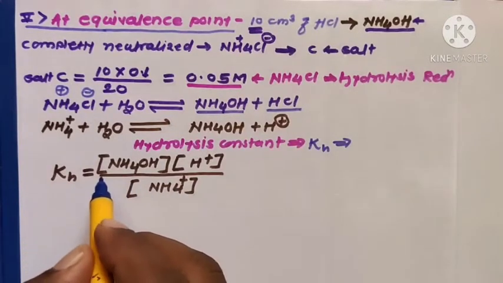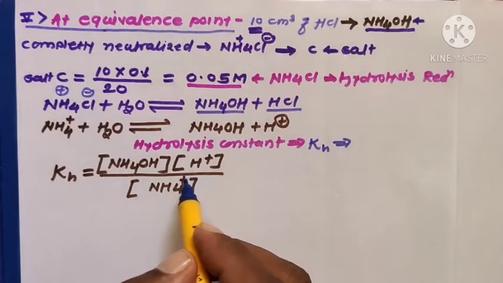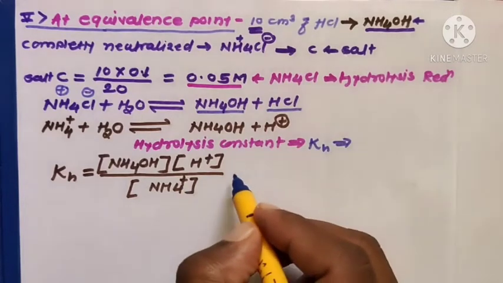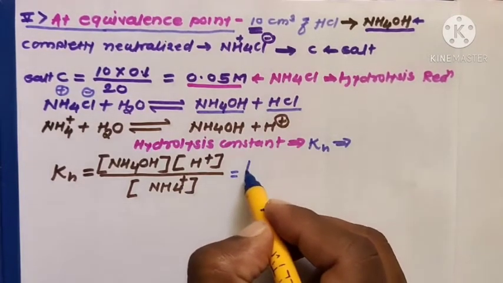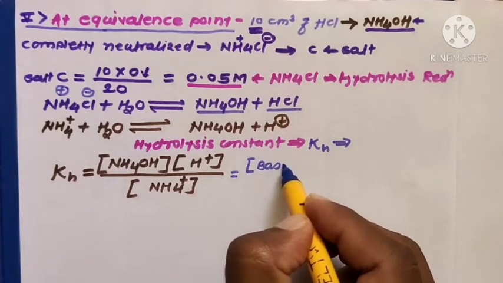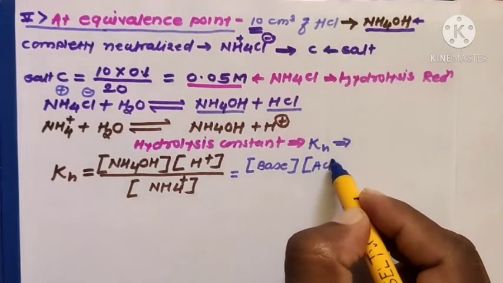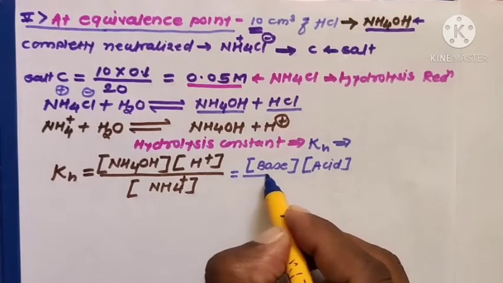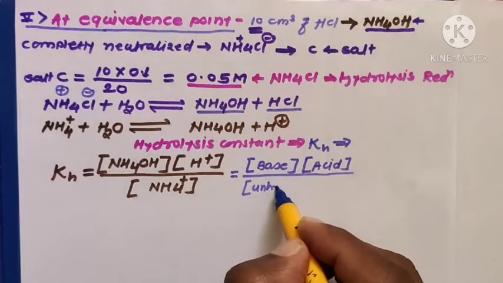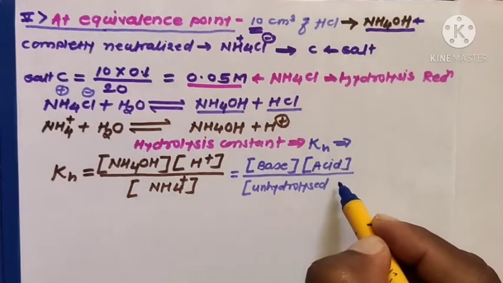That is, KH is equal to the concentration of base into the concentration of acid, divided by the concentration of unhydrolyzed salt.